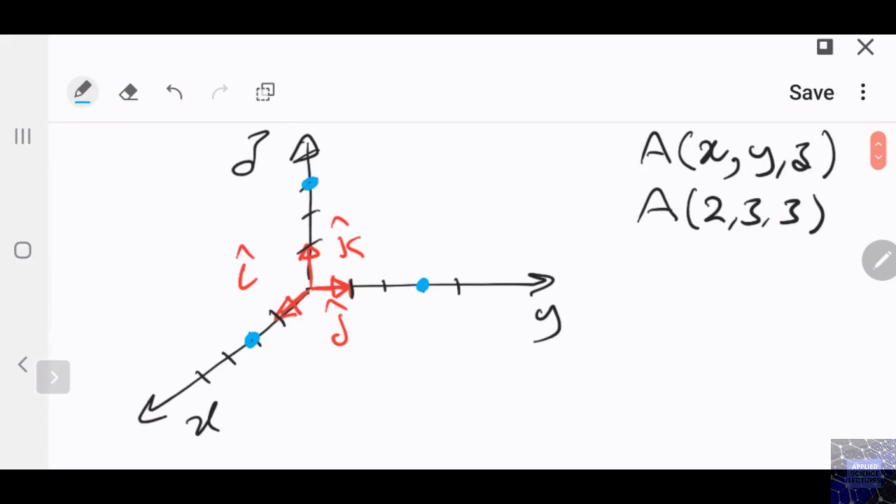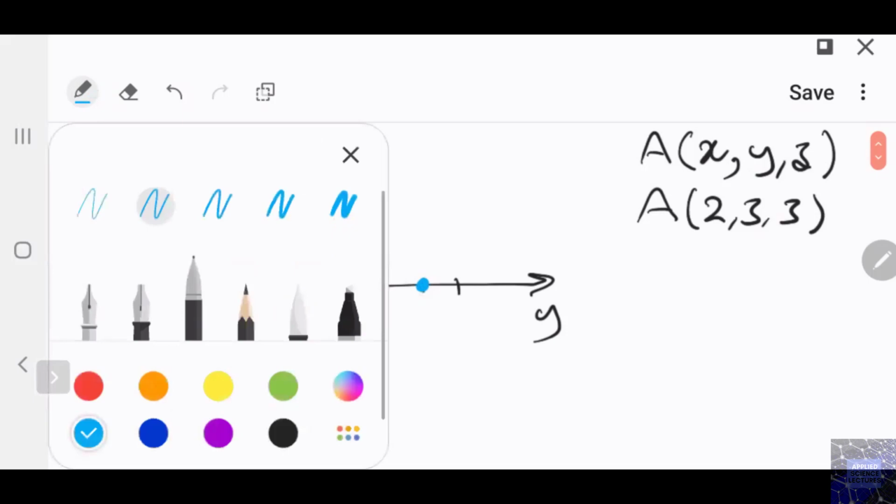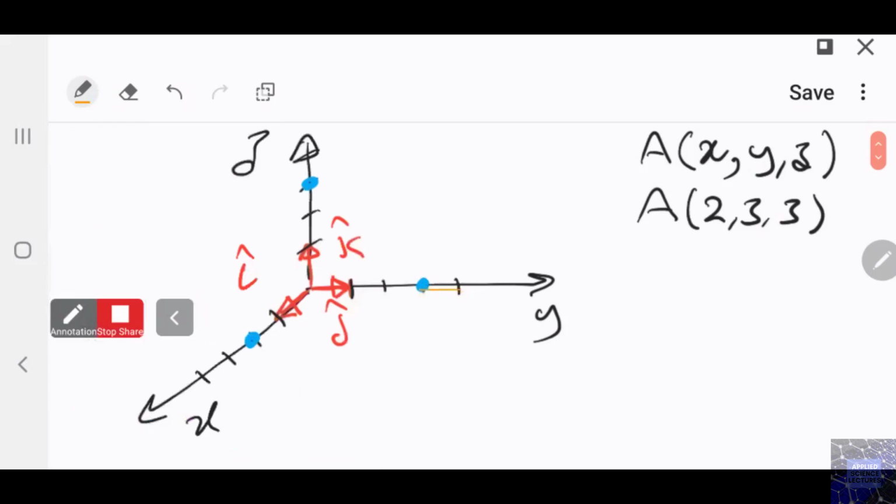So in order for me to locate this point, I need to draw a dash line that is parallel to x, and here another one that is parallel to y.